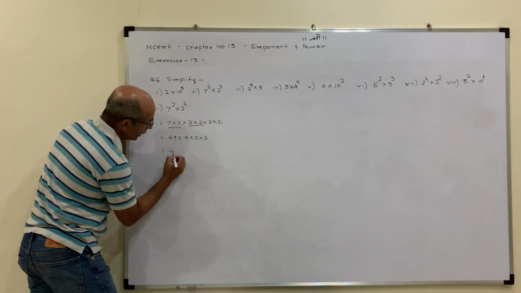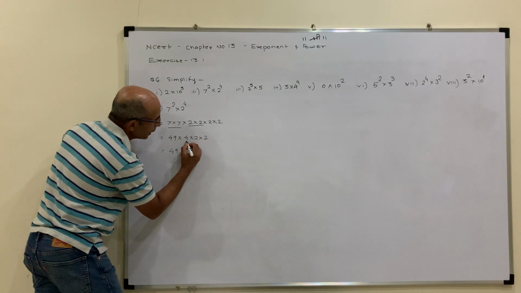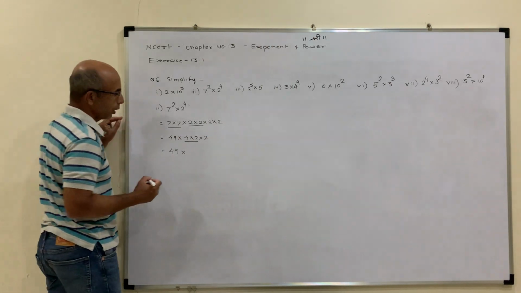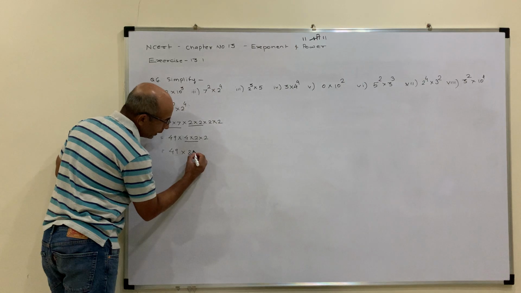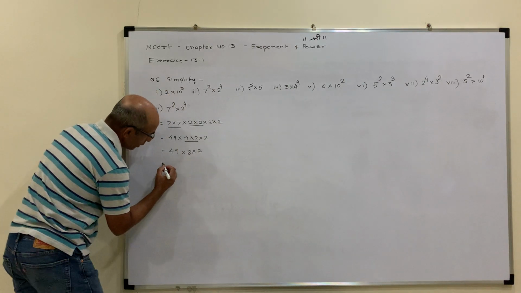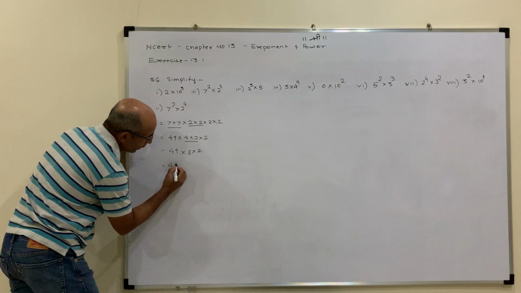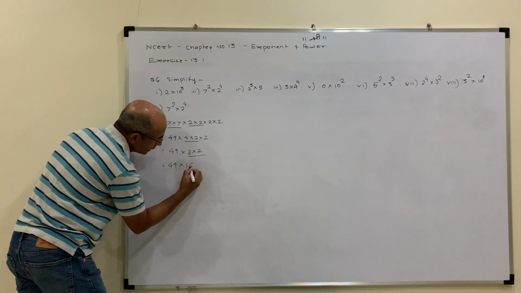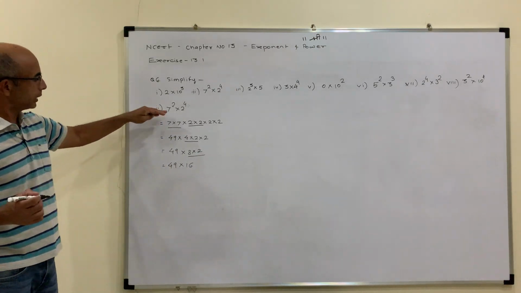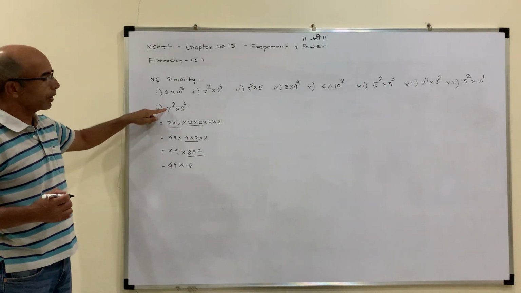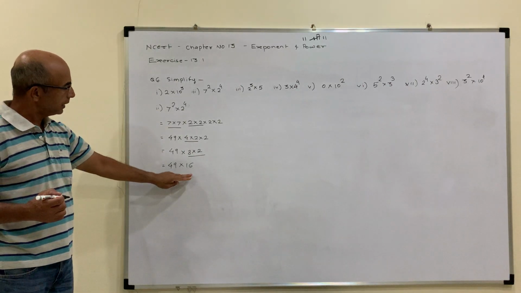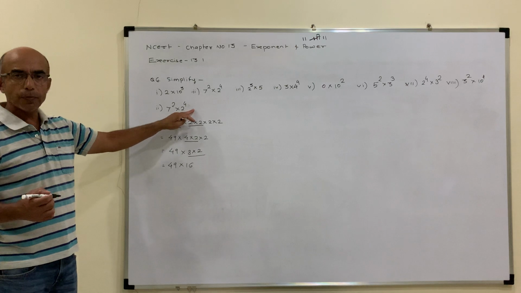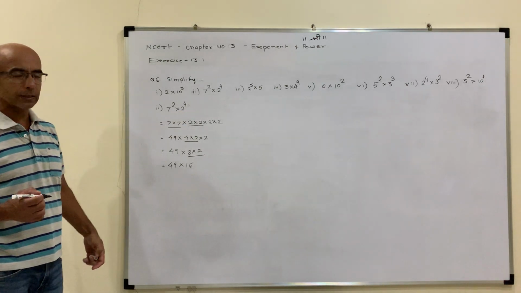So now 49 into, then again we'll take the product of two numbers: 4 2s are 8, into 2. So now it comes out to be 49 into 8 into 2, which is equal to 16. So now 49 is the square of 7, and 2 raised to the power 4 comes out to be 16.